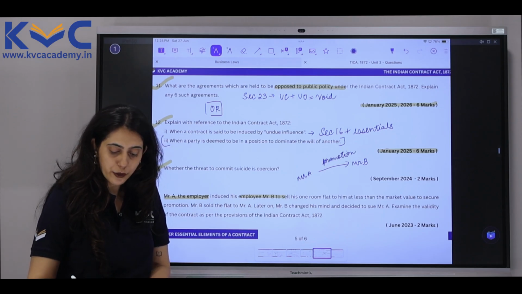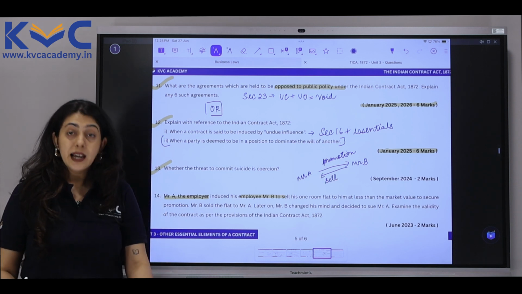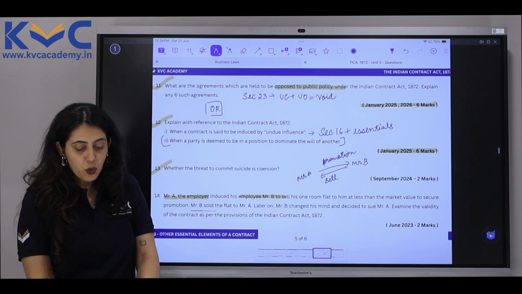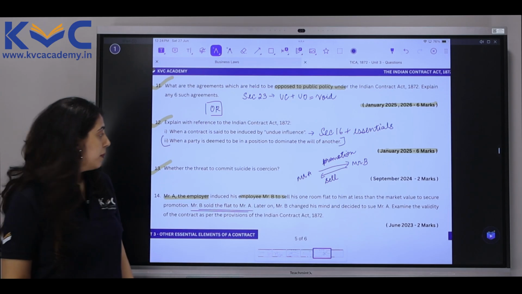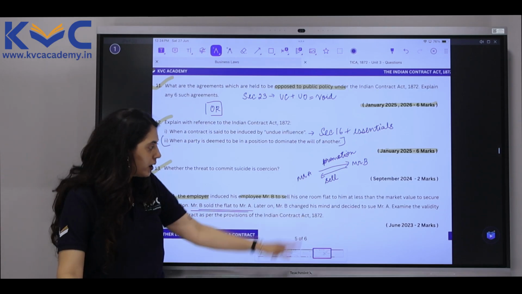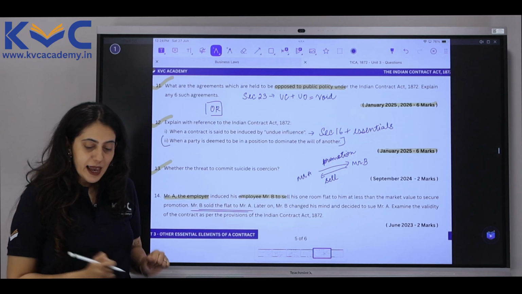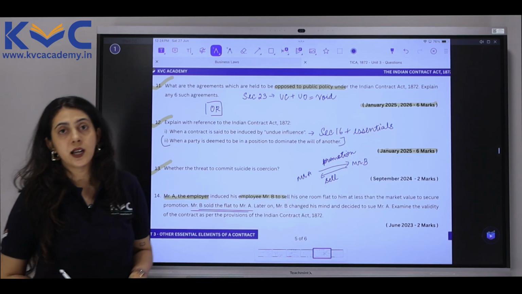But what do I want from you? I want you to sell the 1-room flat at less than the market value in exchange. Mr. B sold the flat to Mr. A for the promotion. But later on, he changed his mind and decided to sue Mr. A. Examine the validity of the contract as per the provisions of the Indian Contract Act.